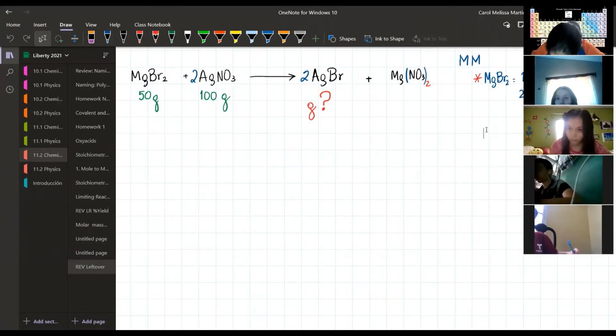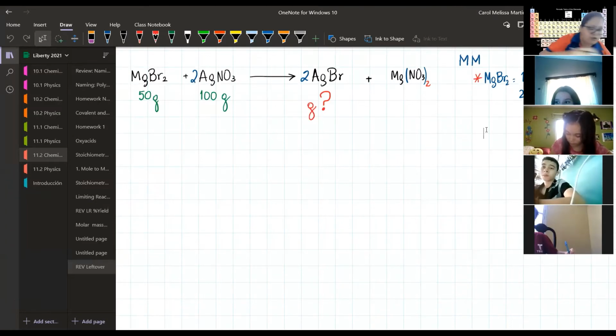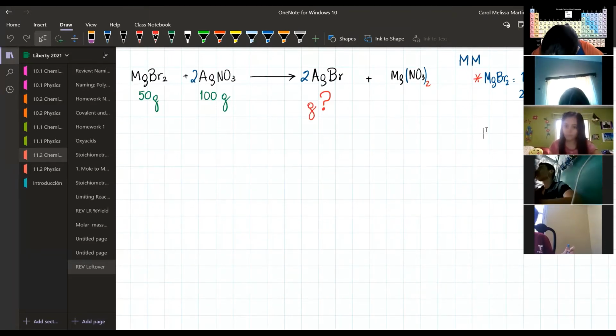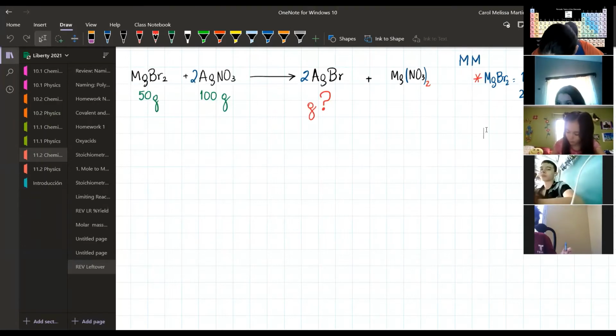I get the molar masses. Magnesium has 24.305, and bromine is 2 times 79.909.